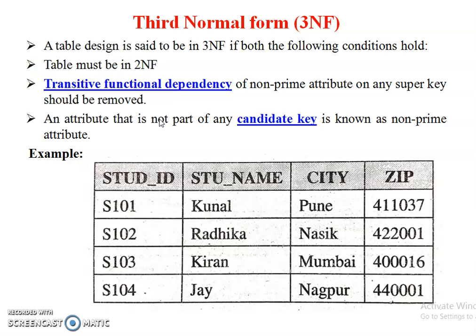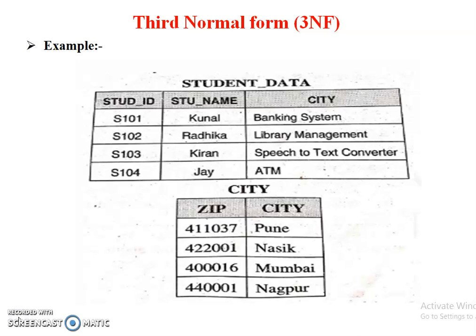So student ID determines zip and zip determines city, and this relation is known as transitive dependency. Now we have to remove this transitive dependency by implementing third normal form.